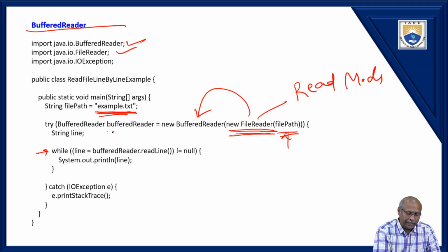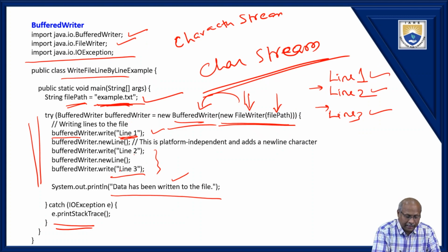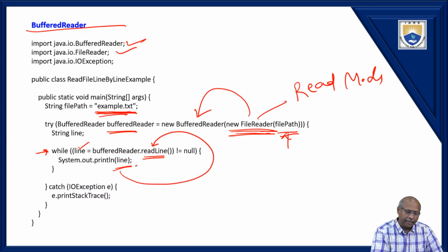Initially my buffer reader object is ready. This buffer reader has a method called readLine. In the previous example I wrote the write method, which is writing. Similarly, here I read line by line. Once I read one line, automatically one string will come. That string I will print on the screen. Again I read the next line and print it. When I reach the end of the file, I will get a null value.